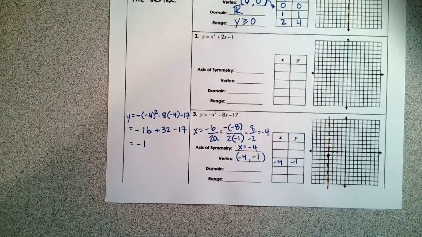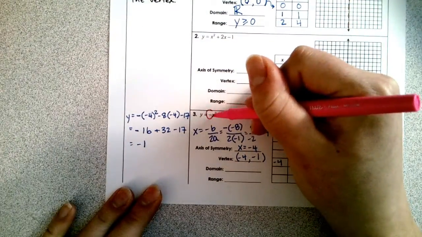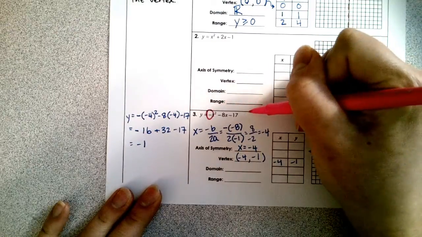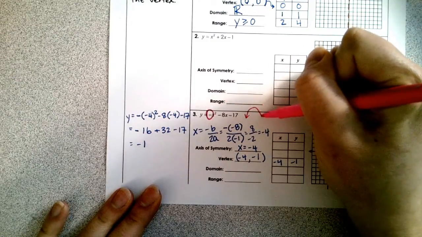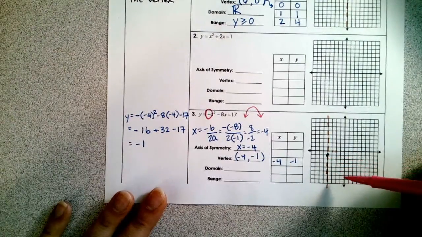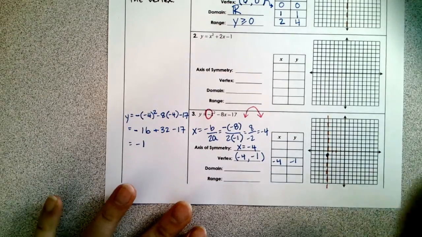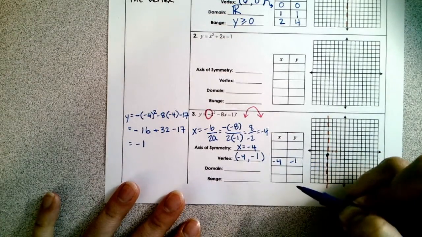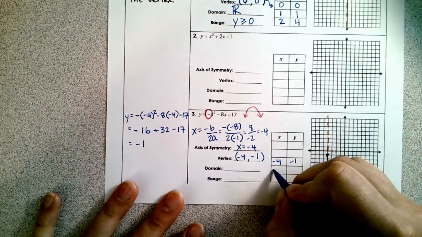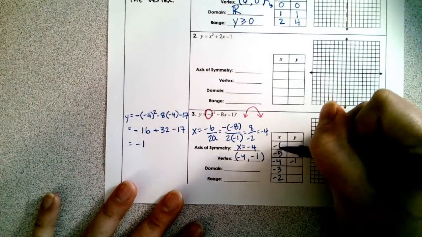In the last lesson, we learned that if you have a negative a value, that means the parabola should open downwards. So once we find the rest of our points, we should expect this parabola to open downwards. So look out for that in the next minute here. So then to fill in the rest of the table, you just need to do the next two highest x values and the next two lowest x values.